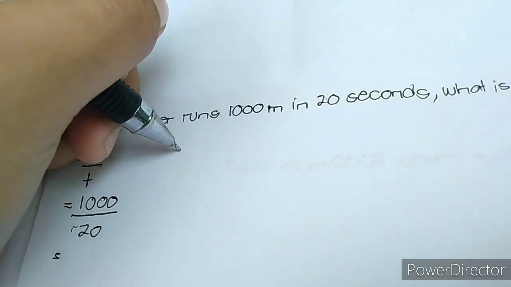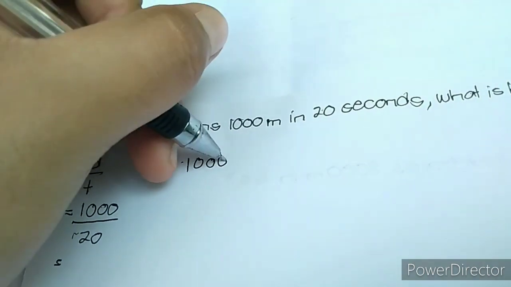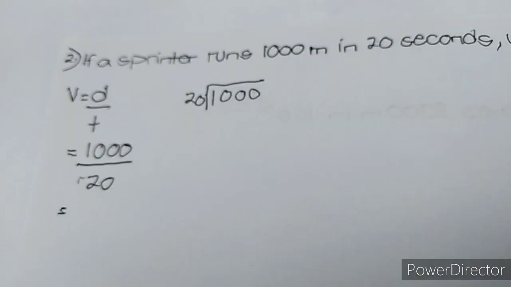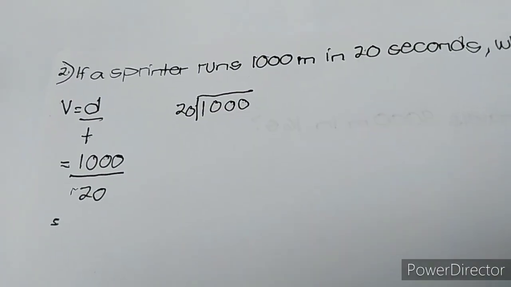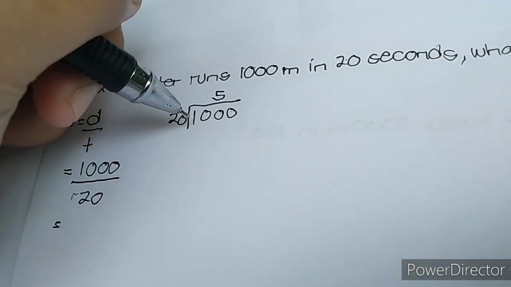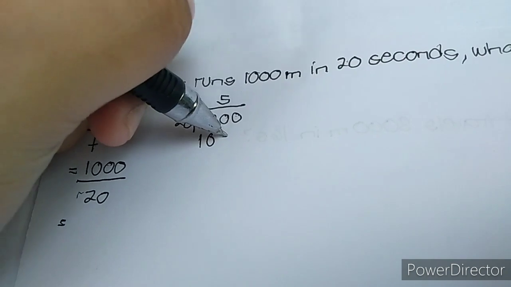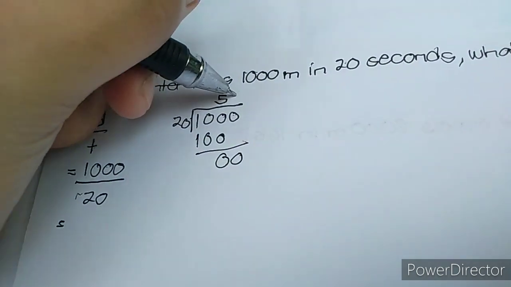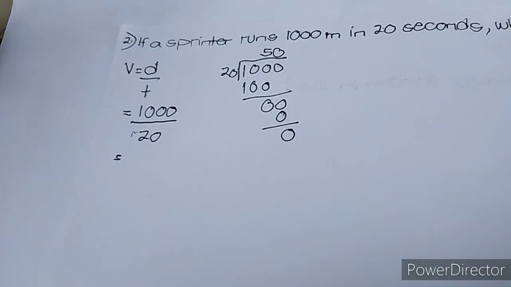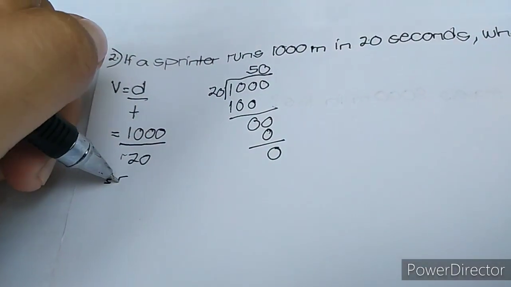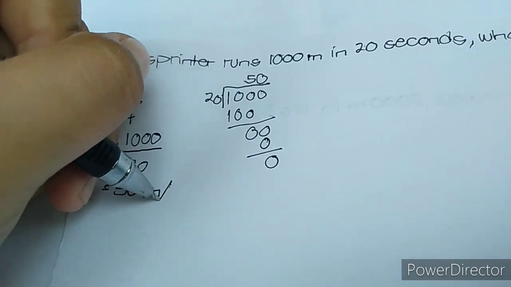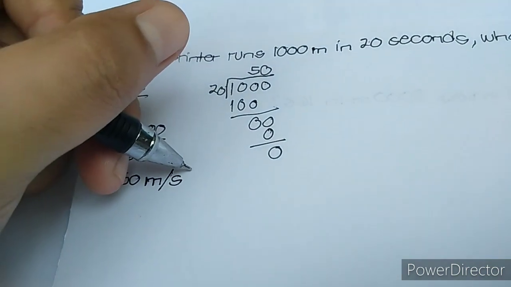So 1000 divided by 20 is 50. So his average velocity is 50 meter per second.